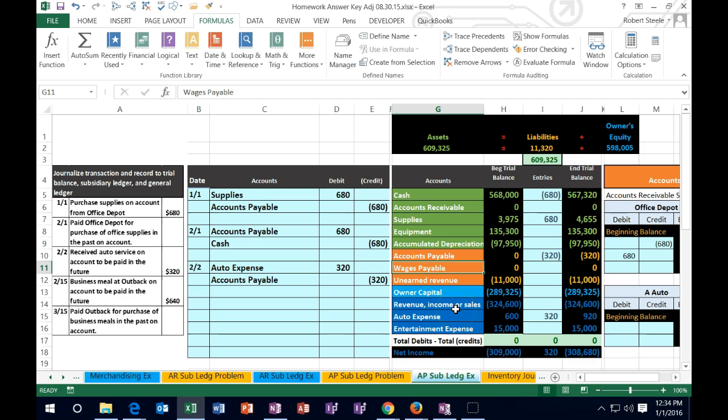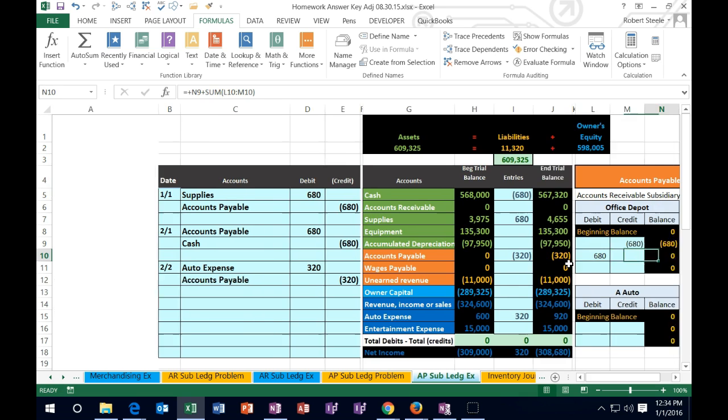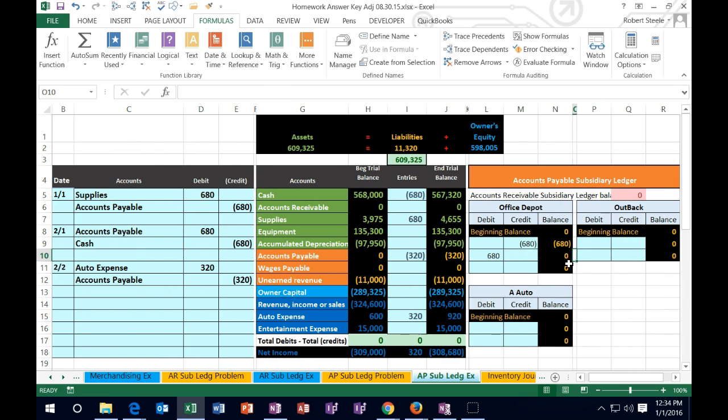All right, so now we're going to post this to the subsidiary ledger. Why? Because the common question with accounts payable will be, how much money do we owe people? Well, the trial balance says we owe people 320. Who do we owe, and when do we owe them? Well, for that information, we're going to need a subsidiary ledger breaking it out by vendor. So we're going to go over here. Now, it didn't tell us in the question, but I'm assuming the vendor must be this one related to auto over here.